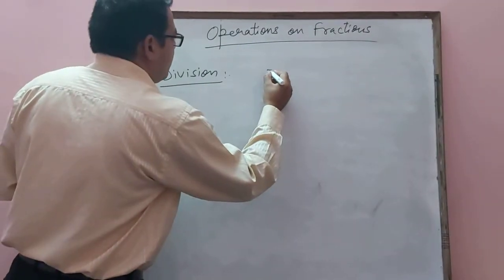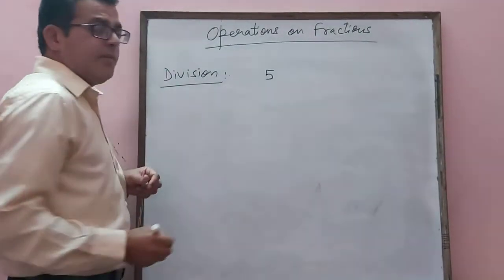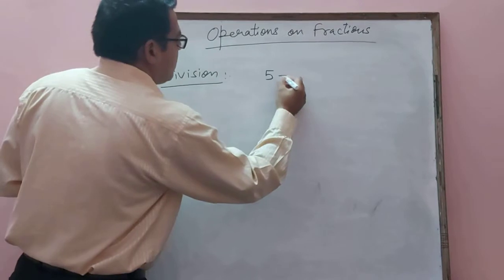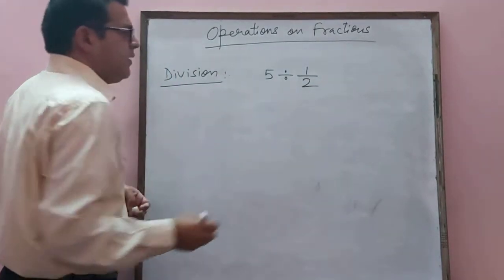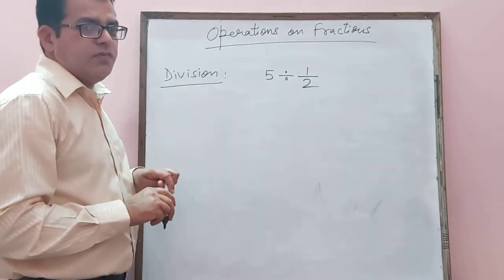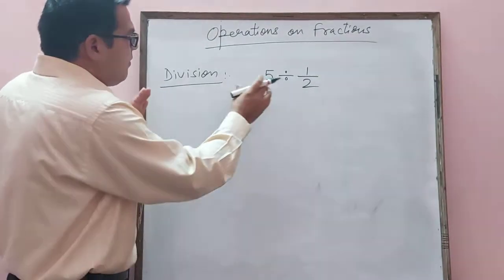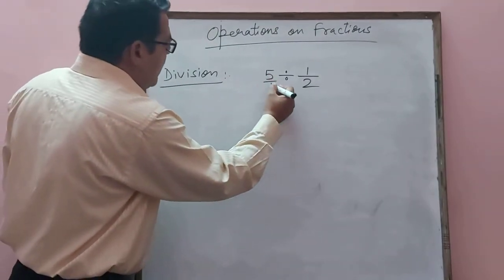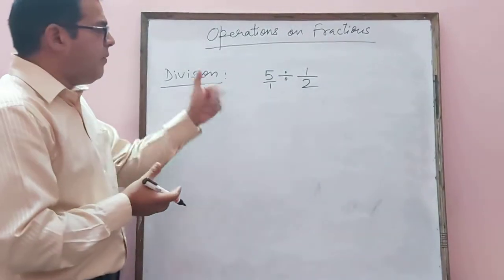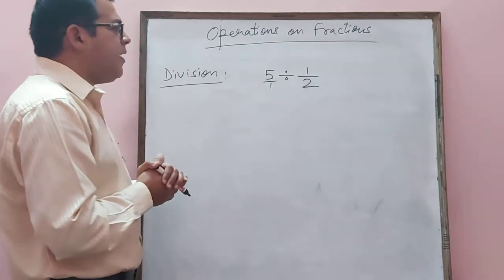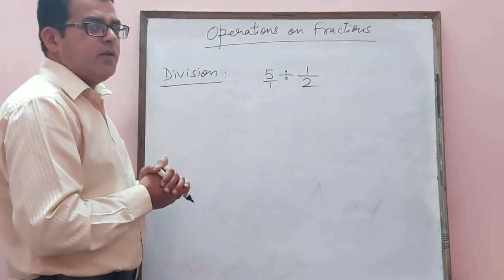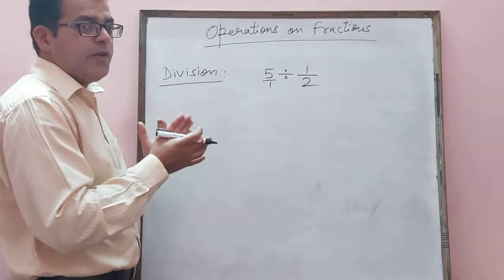Suppose 5 is given, and we want to divide this 5 by 1 by 2. Right? 5, we can put 1 under it to make it a fraction. So 5 by 1 is given here and we are going to divide this 5 by 1 by 1 by 2. So how can we divide it?